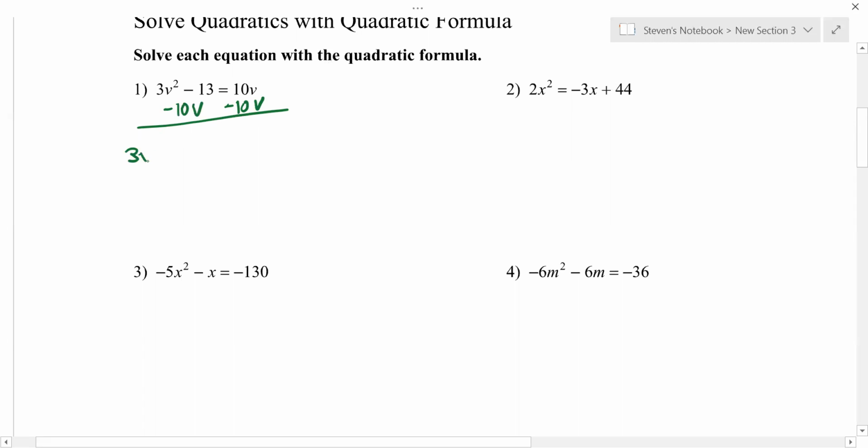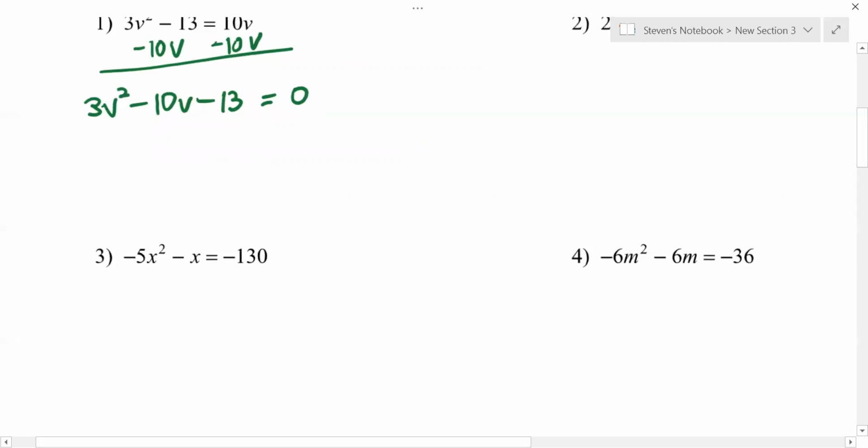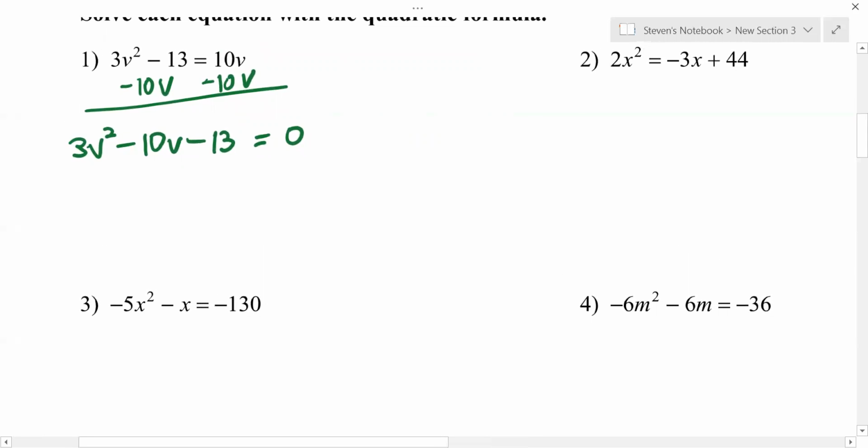That gives me 3v squared minus 10v minus 13 equals 0. Now that it's all in order, we're going to use the quadratic formula and solve it. First, I'm going to list my A, B, and C terms. My A term is 3, my B term is -10, and my C term is -13.